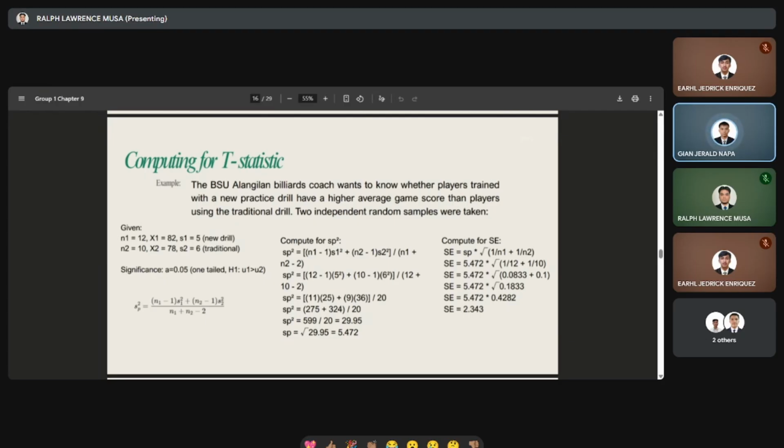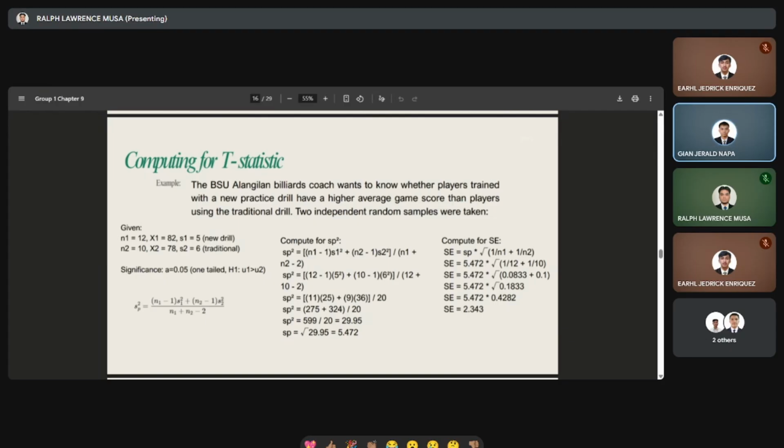So, ano bang gagamitin natin? One-tailed or two-tailed? If we analyze the question again, it says here that the BSU Alangilan Billiards coach wants to know whether players trained with the new practice drill have a higher. So, higher, that means one-sided siya.